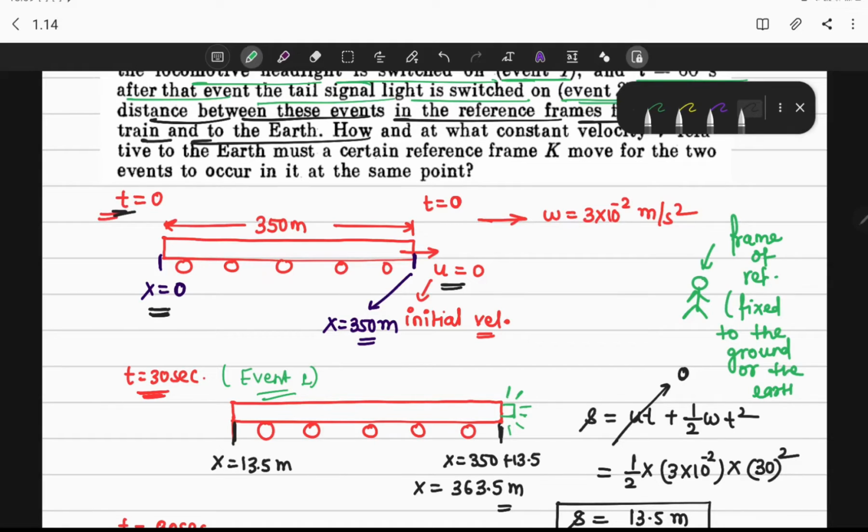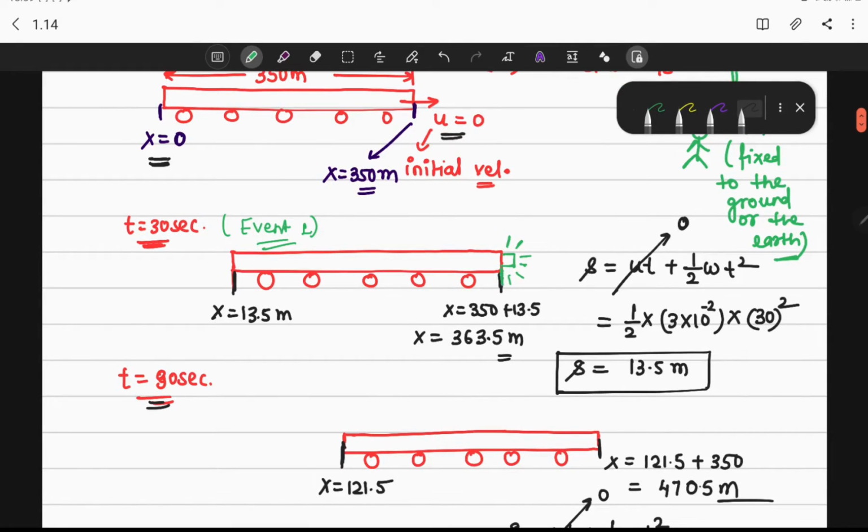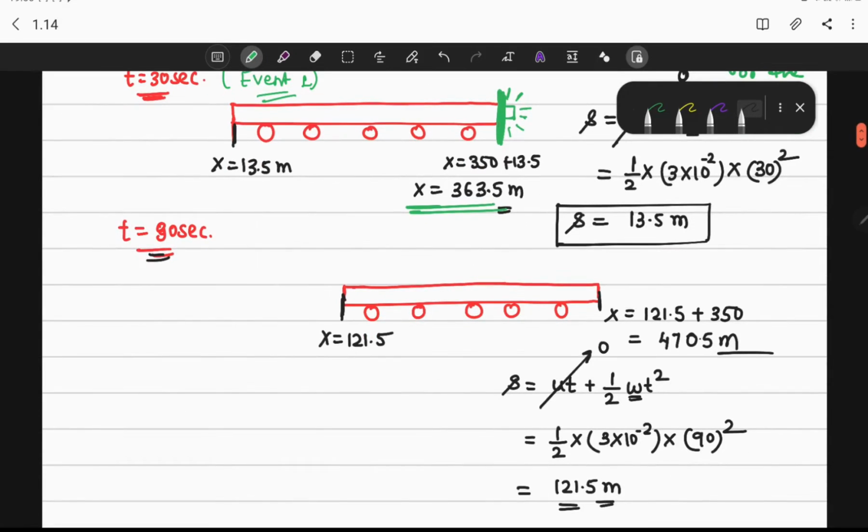With respect to this frame, event 1 is taking place at position 363.5, and event 2 is taking place because the tail light is switched on, at x equal to 121.5.